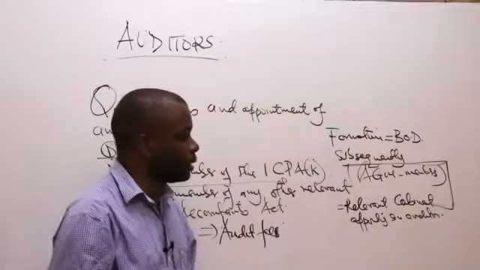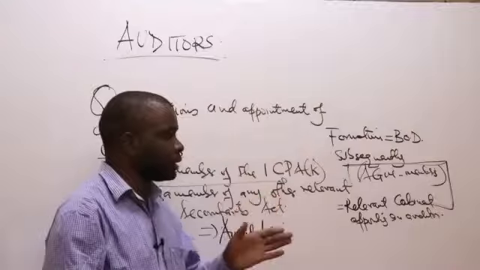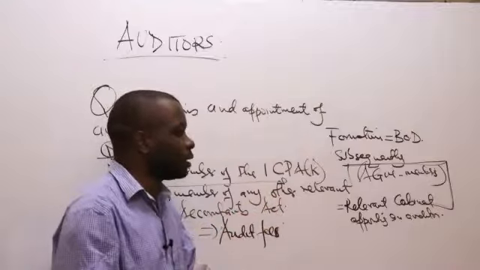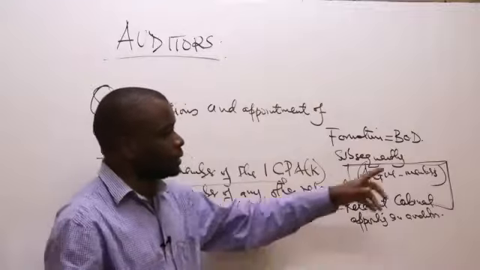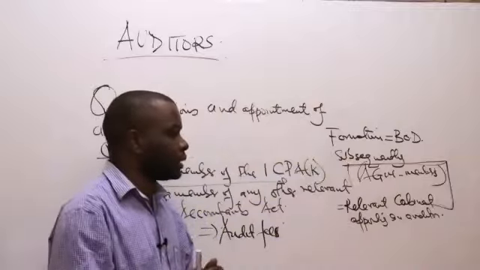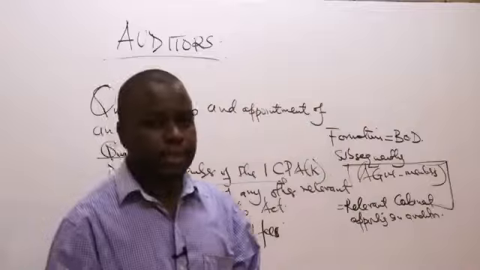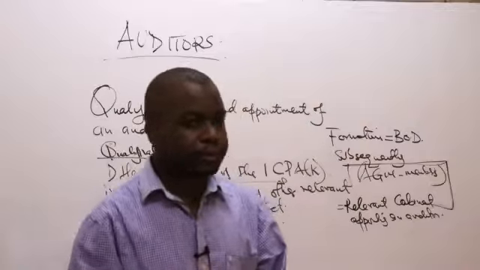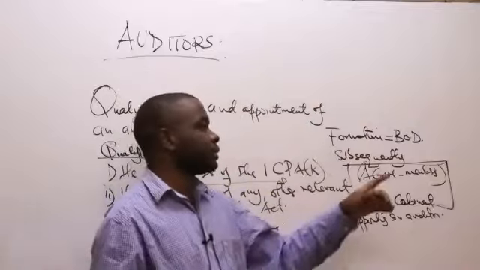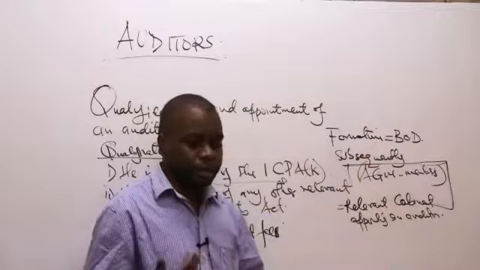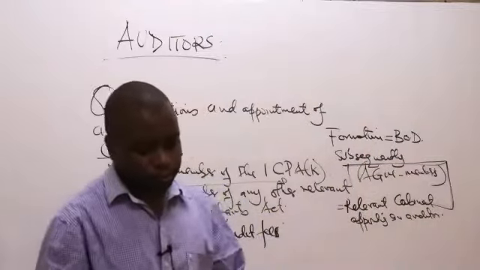Remember, there's a casual vacancy that has arisen before the first AGM. So the directors are the ones who will appoint the auditor to serve until the end of the first AGM. It will be filled by the directors of the company.